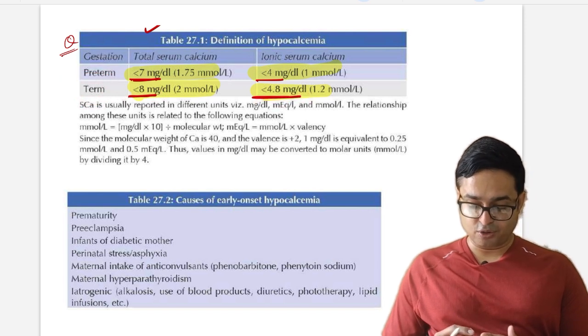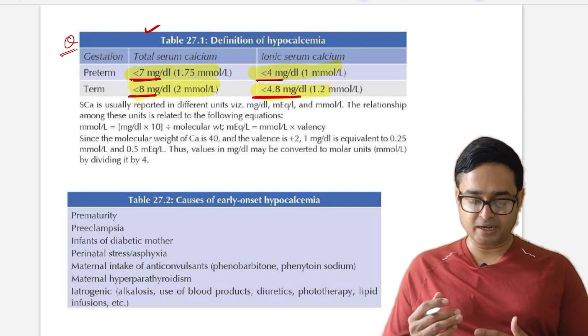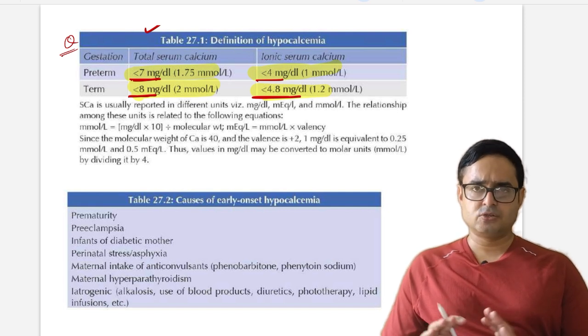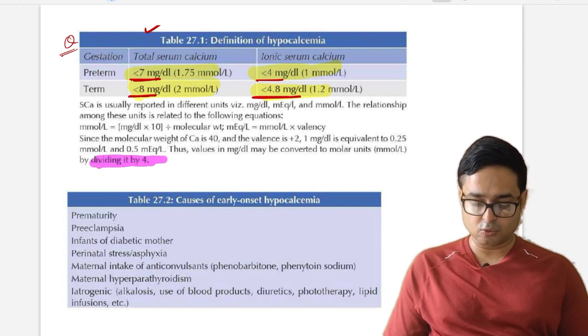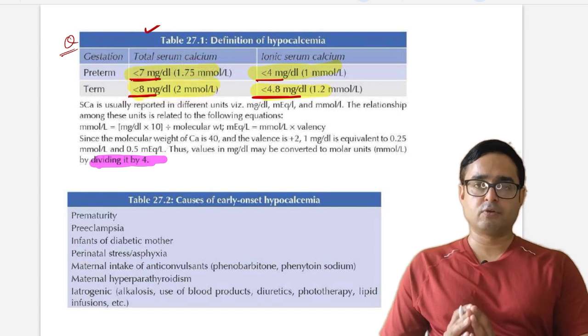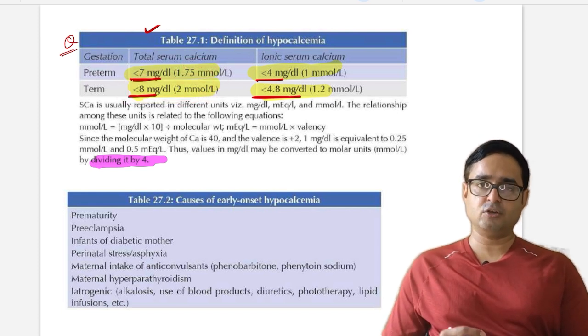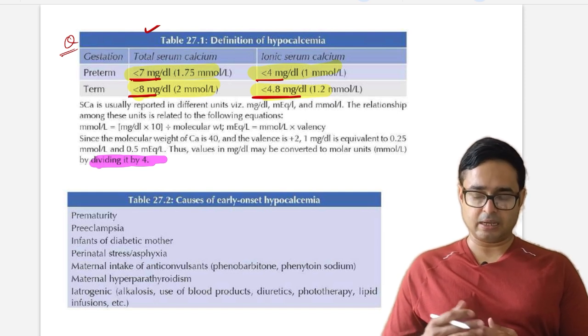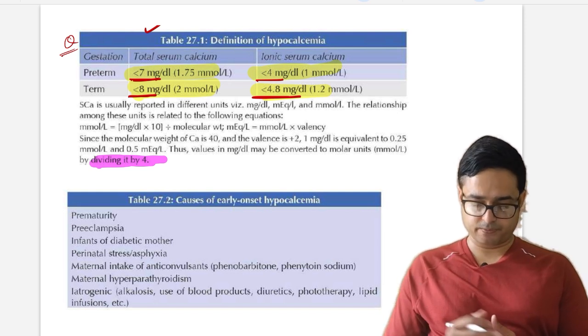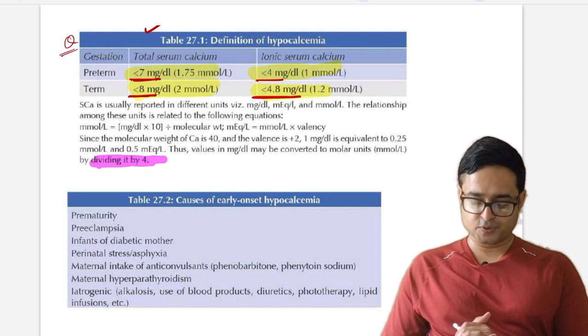Sometimes they ask this in milliequivalent per liter. Don't be surprised in the exam. Just divide by 4. Like 8 divided by 4 will be 2. For millimole per liter, you have to divide the concentration of calcium in milligram per deciliter by 4. So this definition you have to remember.